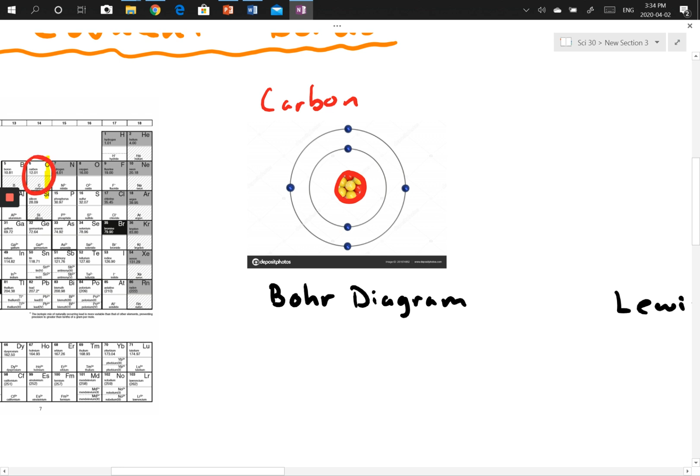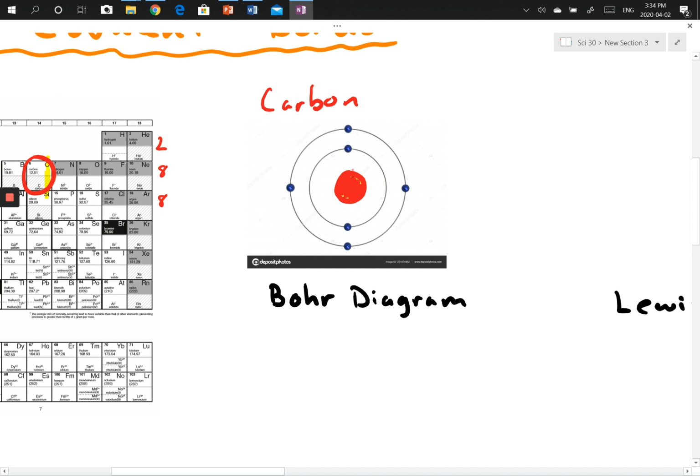That means it has 6 protons in the nucleus, and it also has 6 electrons. And those electrons are arranged in what we call energy levels or shells. In this model of the atom, the first shell can hold 2, the second shell can hold 8, the third shell can hold 8. And then after that, things get a little bit more complicated.